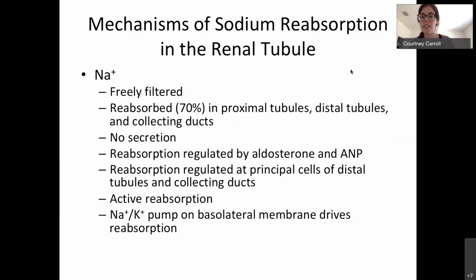That means that when we're looking at the movement across into Bowman's capsule, sodium is a small ion, so obviously it's moving across. 70% is going to be reabsorbed in the proximal tubules, distal tubules, and collecting ducts. And in general, sodium doesn't move by secretion. So once it's out of the filtrate, it's not going to come back in.